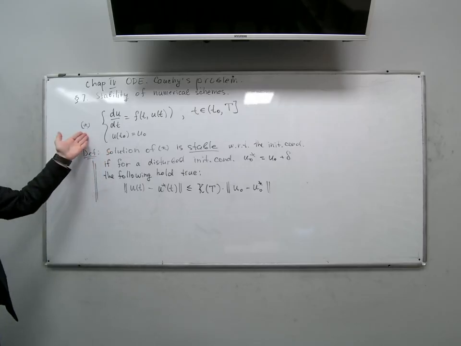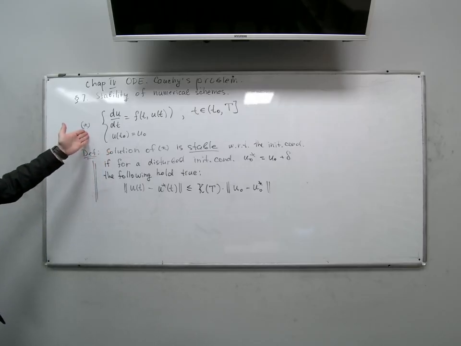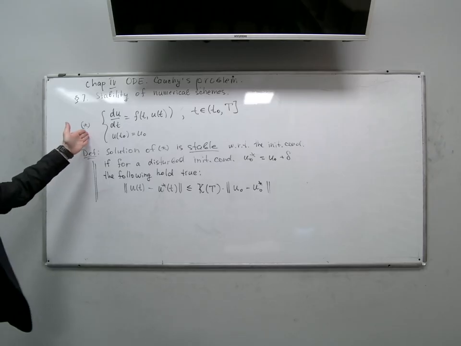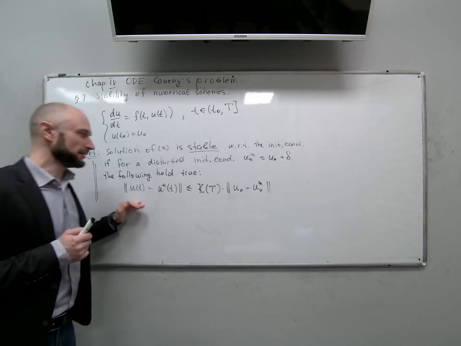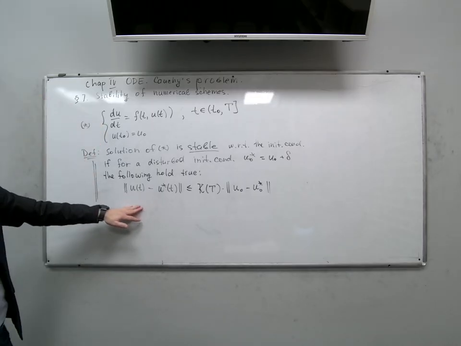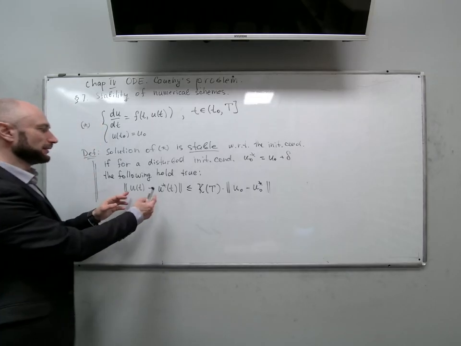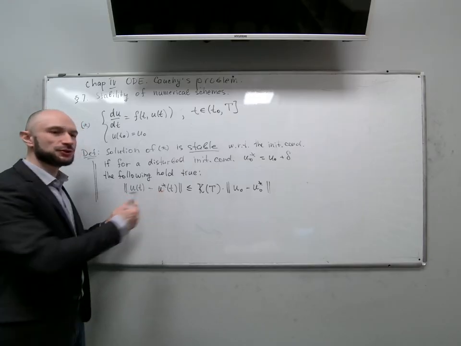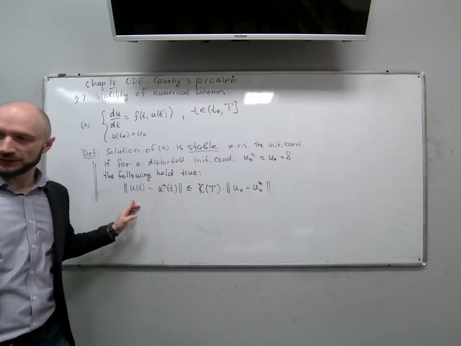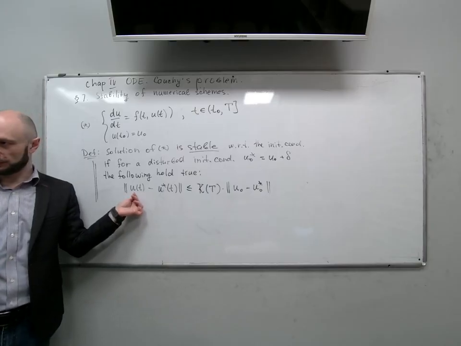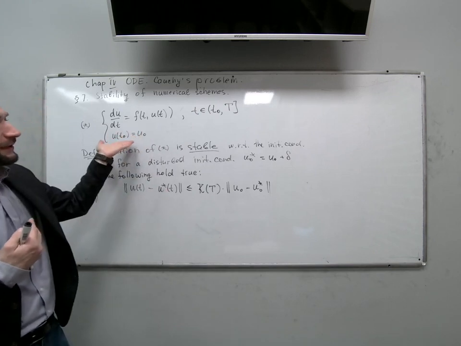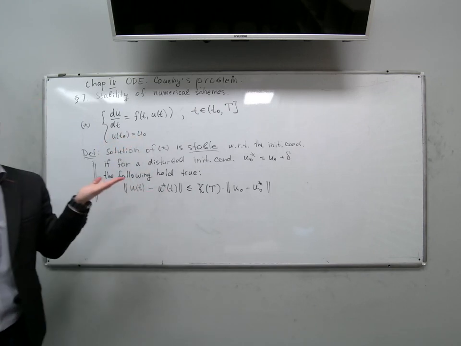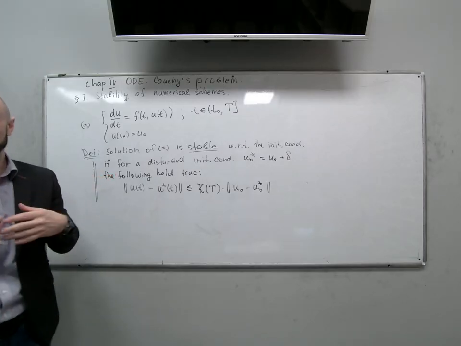It's going to be a different problem, not the star, but some problem star asterisk, for example. You may denote it however you want. But if the solution of this disturbed problem is too far from the solution of the original problem, you can intuitively feel that it's a bad thing. It means that the differential problem itself is not formulated in a stable way.